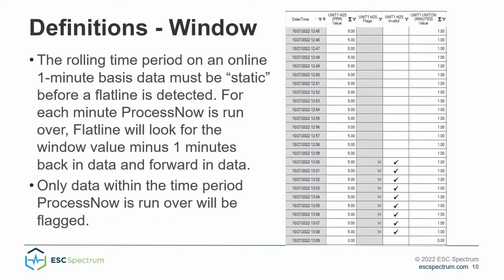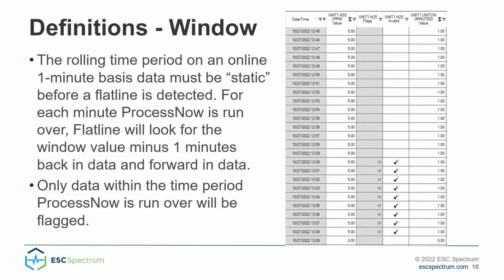So if, for instance, you have this data and you didn't have a flatline in hour 12 in this case, but then as soon as you get to hour 13, that hits the limit for that flatline detection. Only hour 13 would be flagged because that hourly ProcessNow sequence is run over hour 13 and not hours 12 and 13.